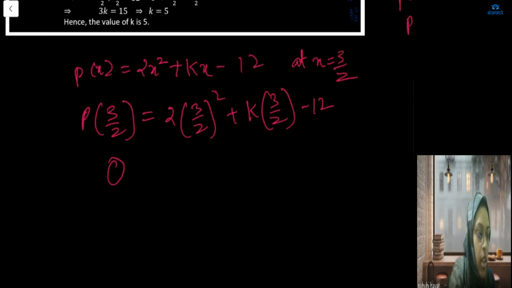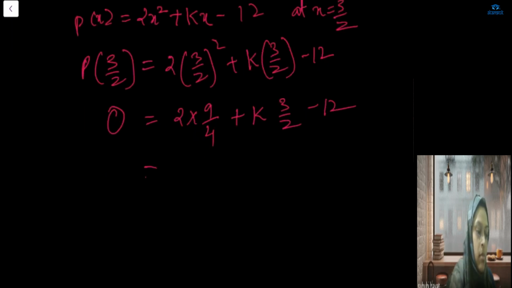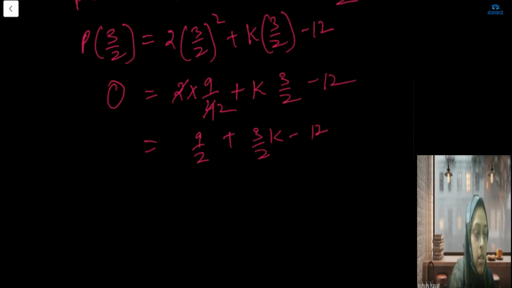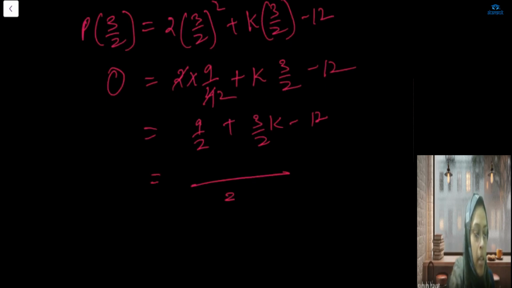So it will be 9 by 2 plus 3 by 2 k minus 12. So we are going to take the LCM here, 9 plus 3k.